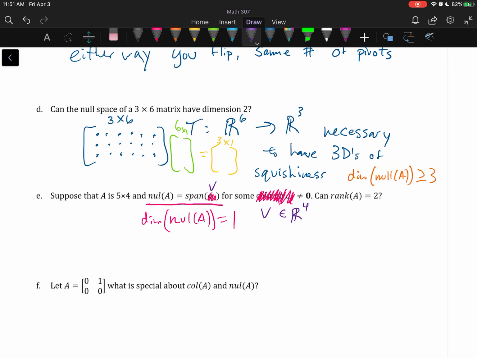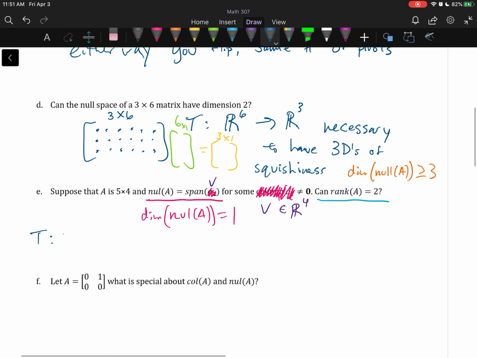I think what I was trying to do when I made this question was say that the dimension of the null space is 1, and we're asking the question, can the rank of A be 2? Okay, so yeah. We are looking at a transformation that maps R4 onto R5, 4-dimensional space onto 5-dimensional space.